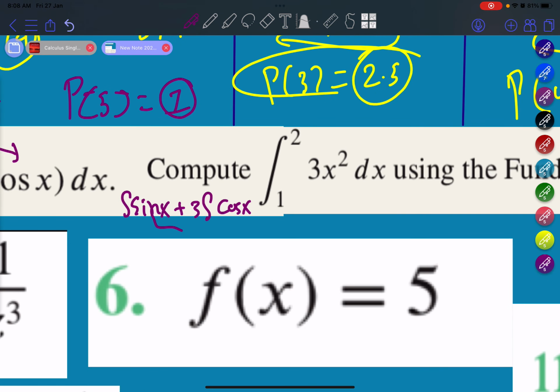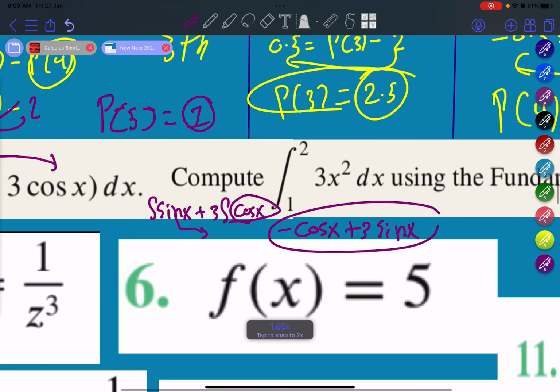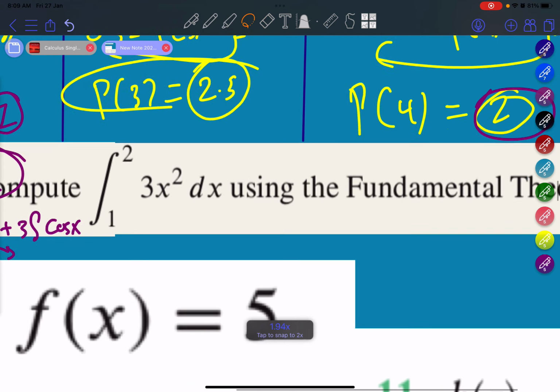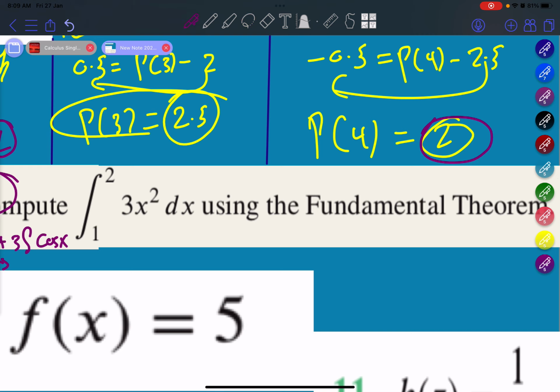We already discussed that the integral of sine x is negative cosine x, plus 3 times the integral of cosine x, which is sine x. And this is our answer. So you can go here, using the fundamental theorem, aka adding 1 to the power, then dividing by the new power.